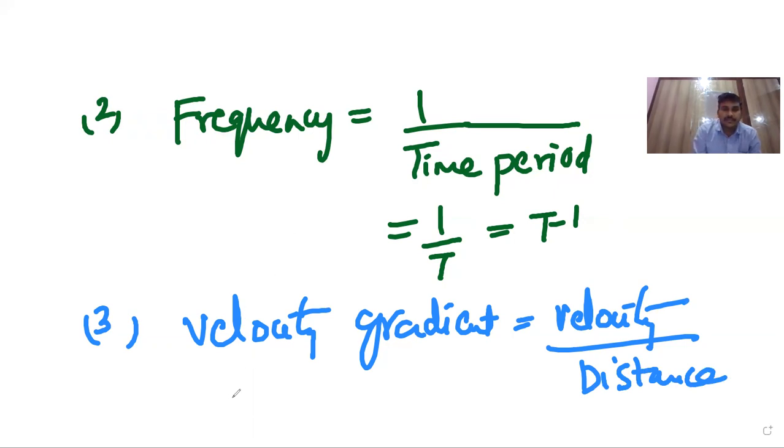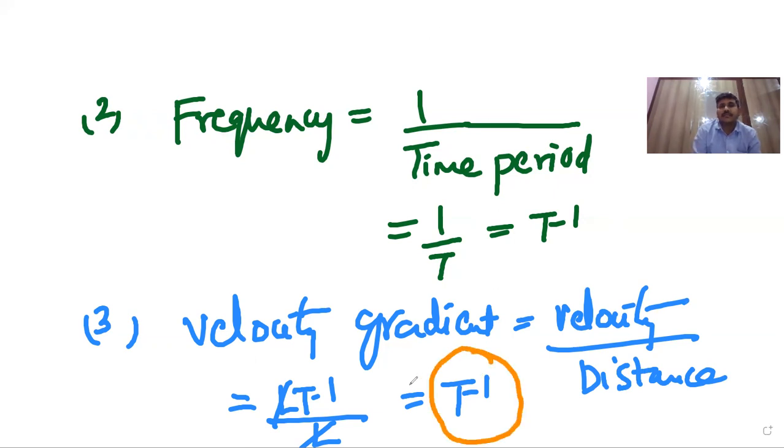Observe, velocity is having a dimension formula of LT minus 1. Distance is L. L goes out. Final formula is T minus 1.